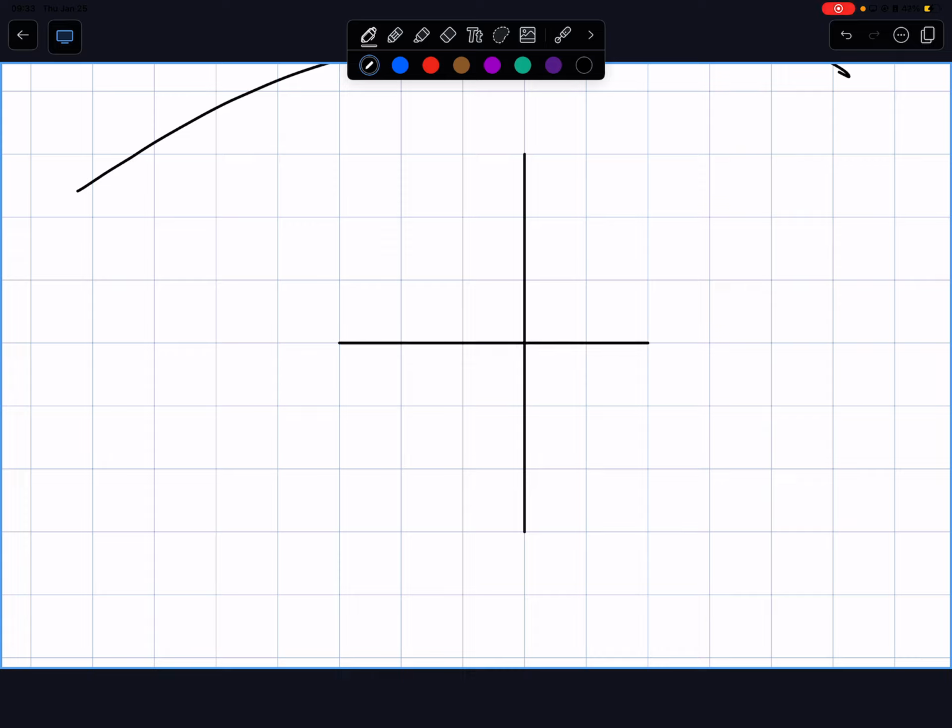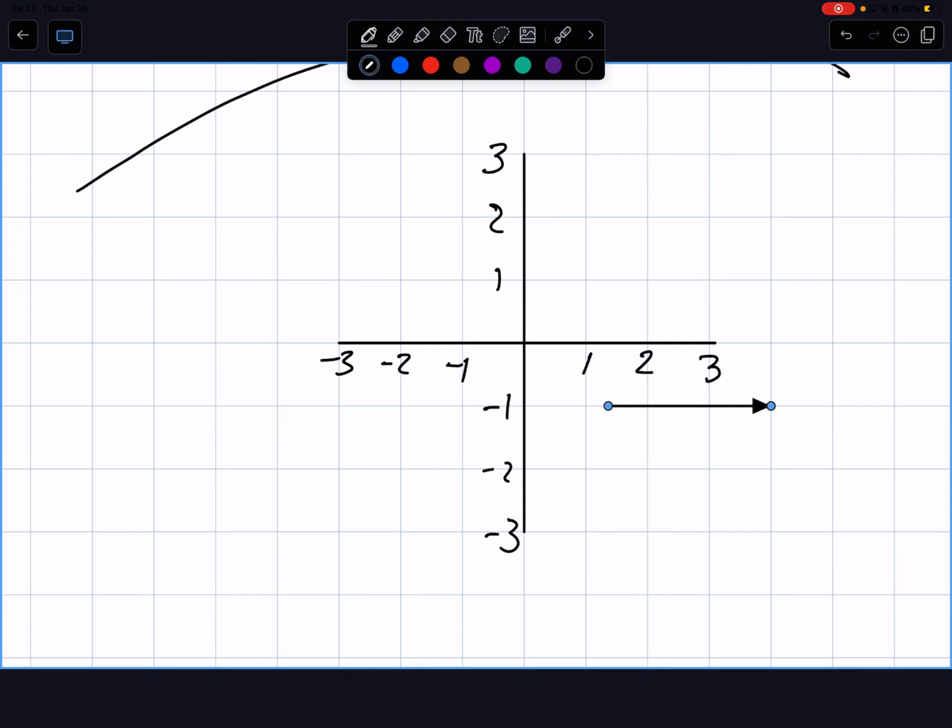Zero, -3 to 3. You always indicate the direction. This is the X, and that is the Y.